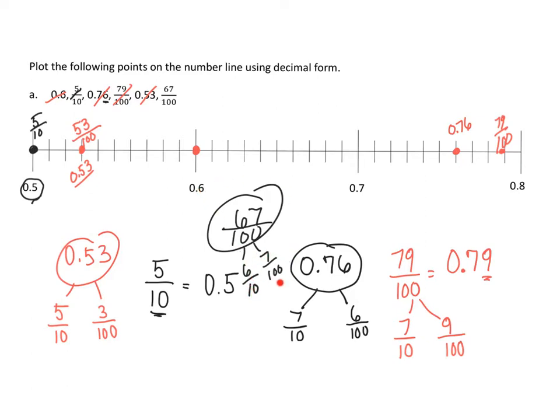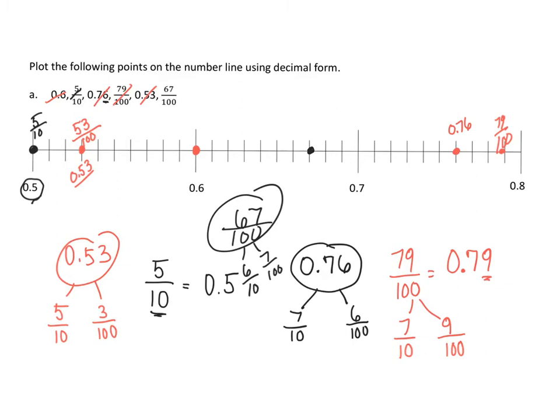But we need to add on 7 hundredths. Now remember, this has been split up into tenths, but then in between those tenths is another tenths, which represents hundredths. So we go 1, 2, 3, 4, 5, 6, 7. So 7 hundredths goes right there.